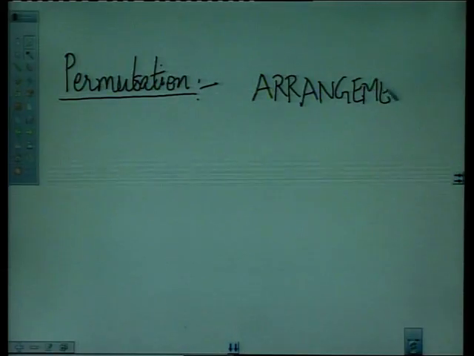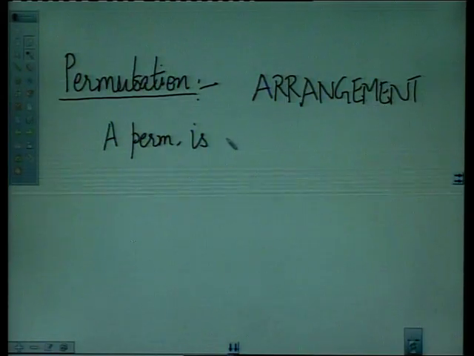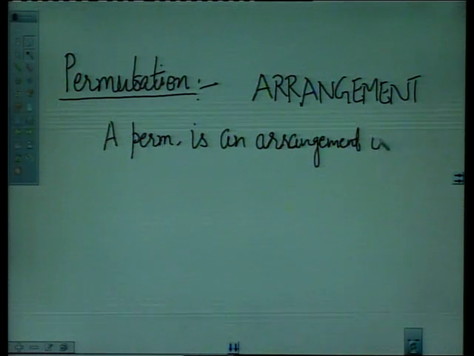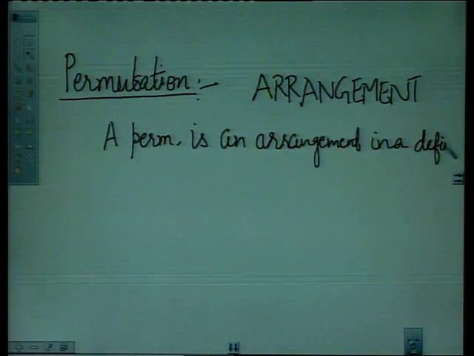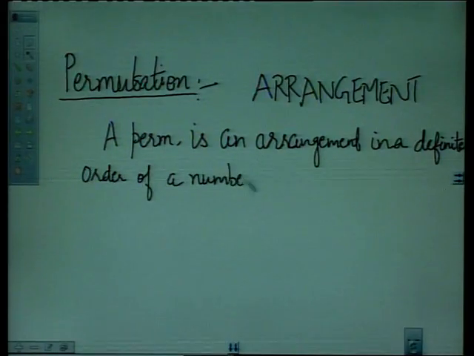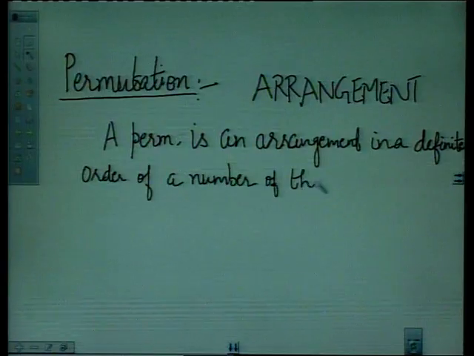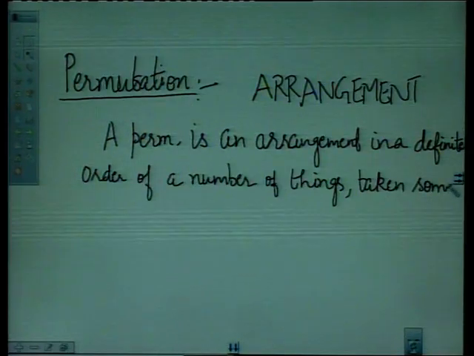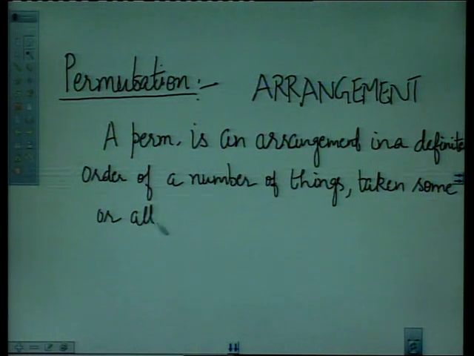We define permutation as an arrangement, in a definite order, of a number of things, taken some or all at a time.